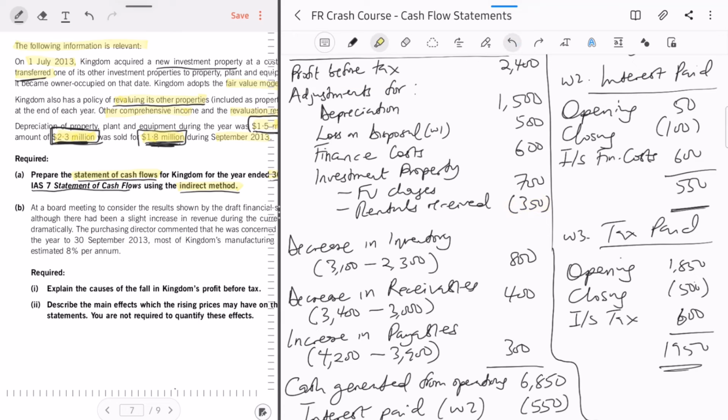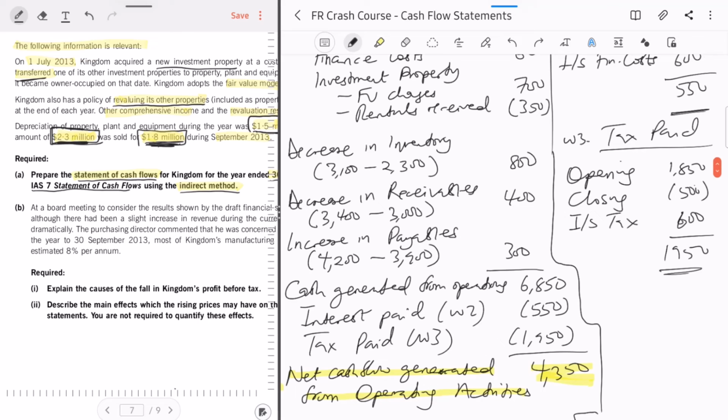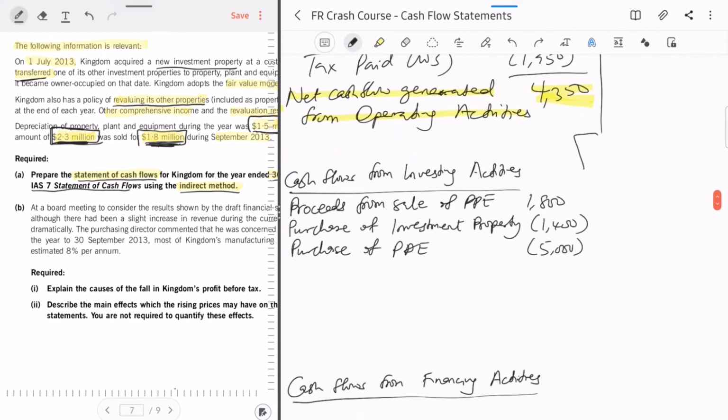But that amount should reflect under investing activities because investment properties are held for two main purposes: to earn rentals or for capital appreciation or for both. So if you've earned rental of 350, that is an investment inflow. So I pick this same figure here, 350 rental received, and I drop it under investing activities as an inflow, right?